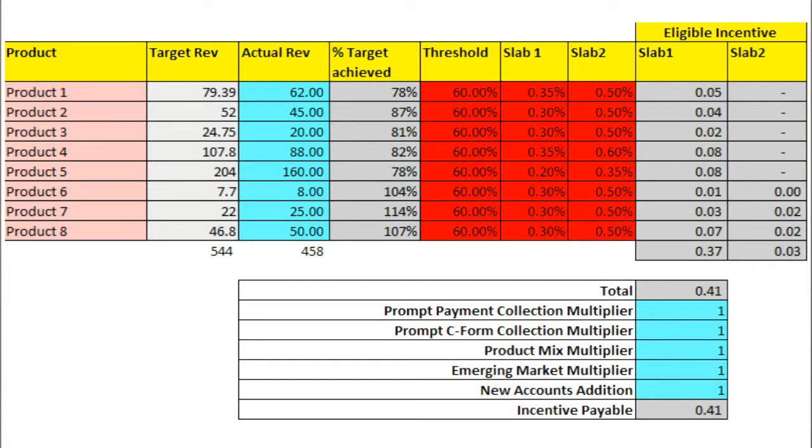So here the characteristics were his ability to collect payment on time, his ability to collect C forms on time. The product mix multiplier gave him a benefit when he sold the entire basket of products and not just one or two of them. Emerging market multiplier gave him an extra incentive when he went after business in newer markets. New accounts added also gave him an extra incentive.